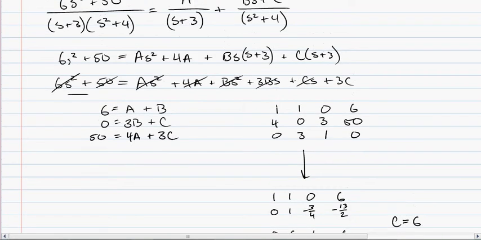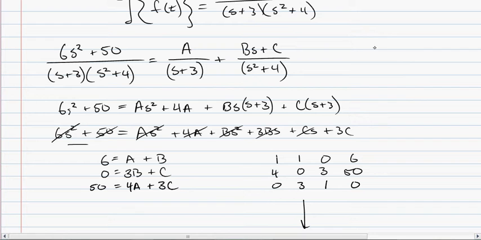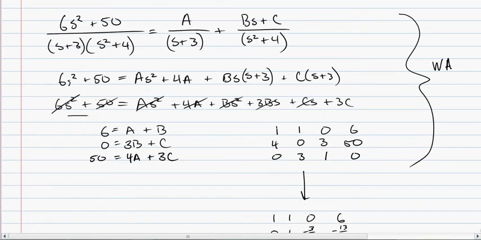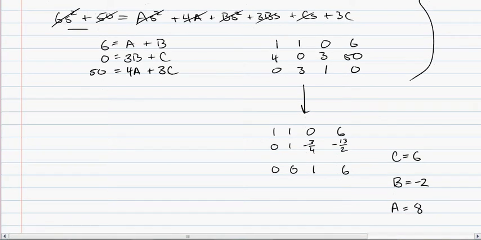So if you don't really know how to do this, you can just go to wolframalpha.com and plug that in, type partial fractions, and it'll just tell you how to do that.